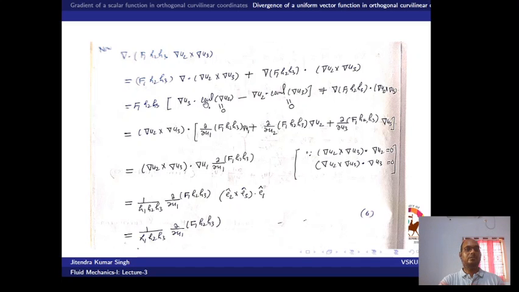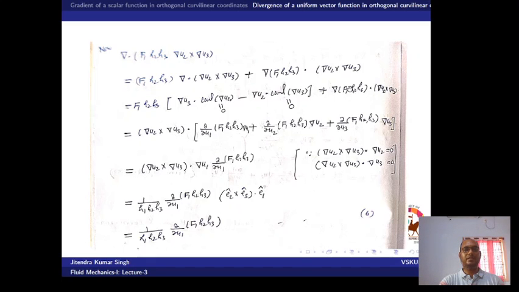You see here that curl of grad u2 is 0, and curl of grad u3 is also 0, because curl of grad of a scalar function is 0. So these two terms are 0, and this whole first term will be 0. Since the dot product is commutative, I have written grad u2 cross grad u3 dot.